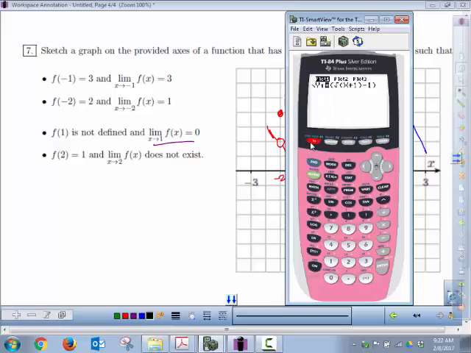So if you want to graph something like that, you would do math, number, ABS, x minus 3.